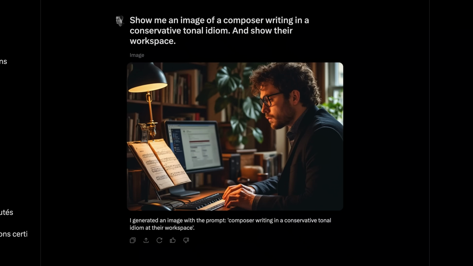Okay. So I'm not sure what the signifiers are that this person is working in a conservative tonal idiom. He seems to have a MIDI controller, and what looks like a clipboard with some A4 sheets of music on it, and he's got a computer in the background and a plant.